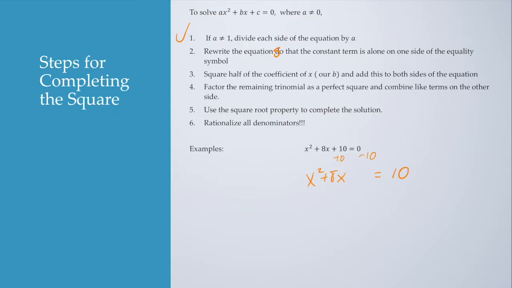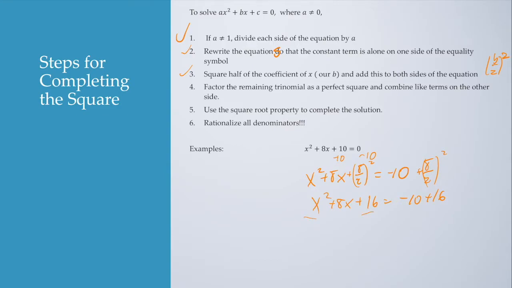Next, I need to add b over 2 squared to both sides. Well, my b in this case is 8, so I'm going to add 8 over 2 squared to both sides. That gives me x squared plus 8x plus 16 equals negative 10 plus 16.